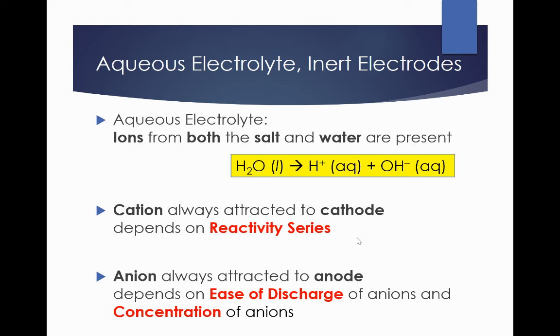And anions, again, are always attracted to the anode. Because we have more than one anion now, we need to look at the ease of discharge as well as the concentration of the anions. These are the three main rules that will help us determine what ions are going to be discharged and form in an aqueous electrolyte.